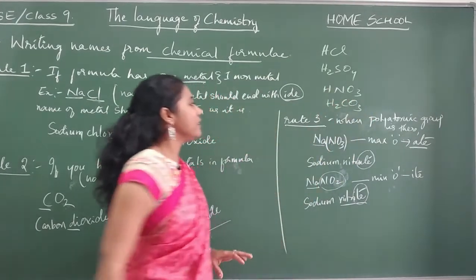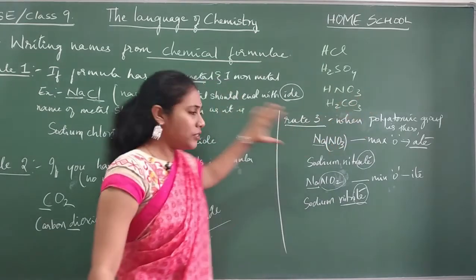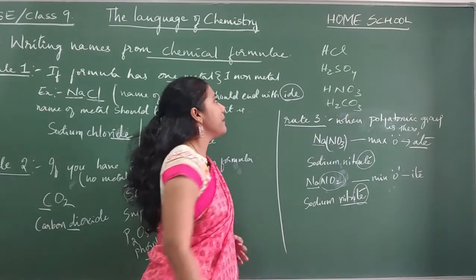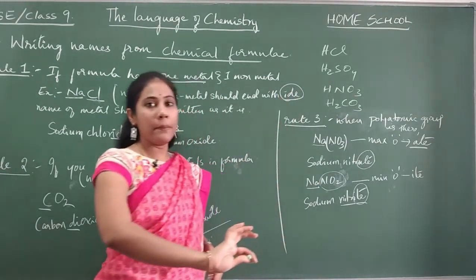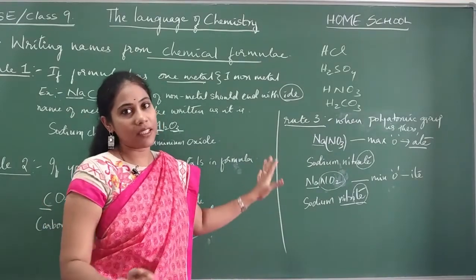How do you write their names? These rules we don't apply here. They have a general name. Those names you have to remember. There is no other logic to remember their names.